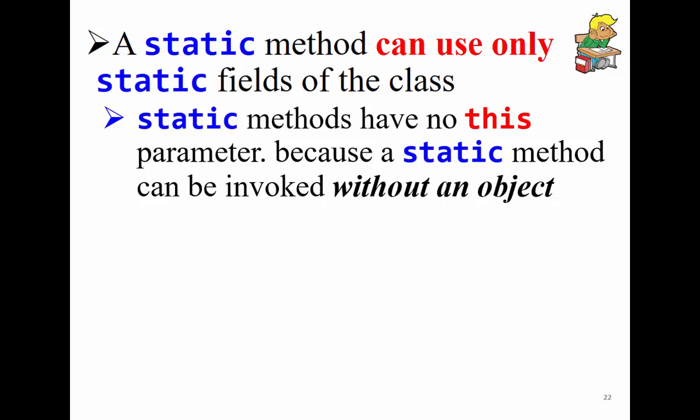So avoid using this, and whenever you see this, immediately it is a compilation error. We cannot use this, because this is a special keyword pointing to the object that is being initialized. That means you are saying that you need to use an object inside a static method, and this is not valid.